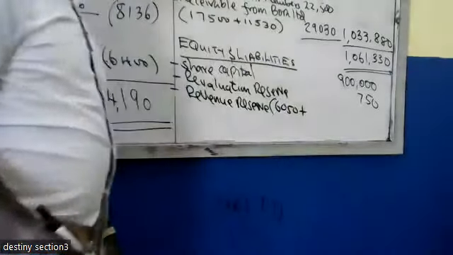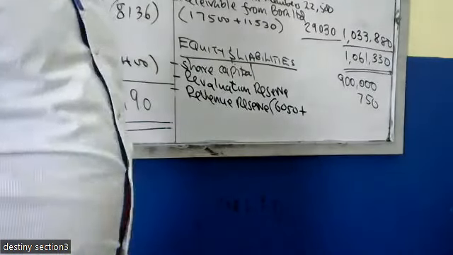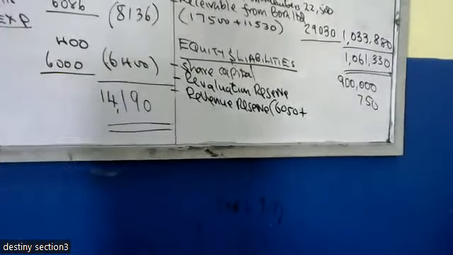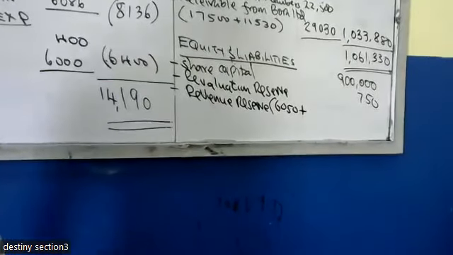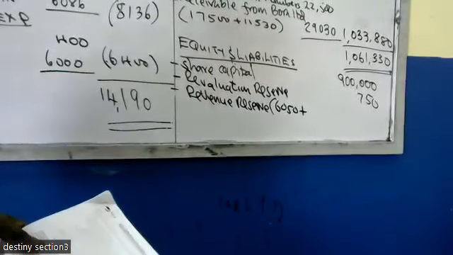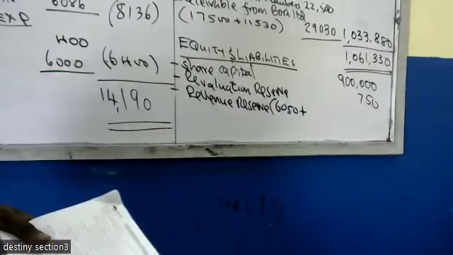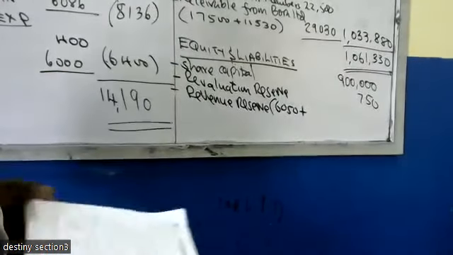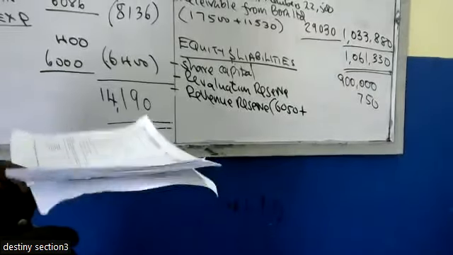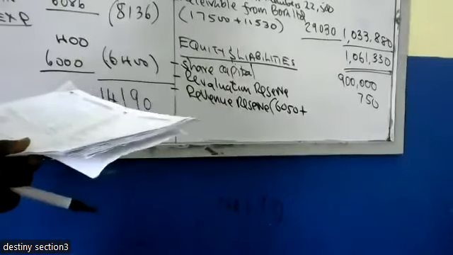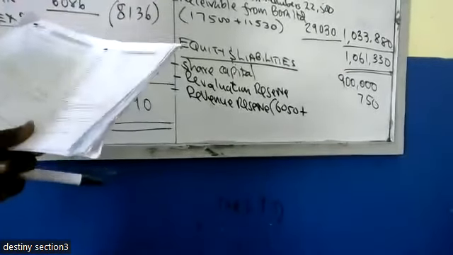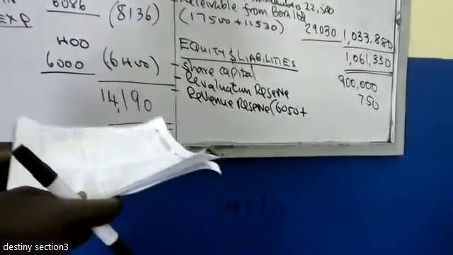Then you add surplus for the year. So revenue reserve 60,50.